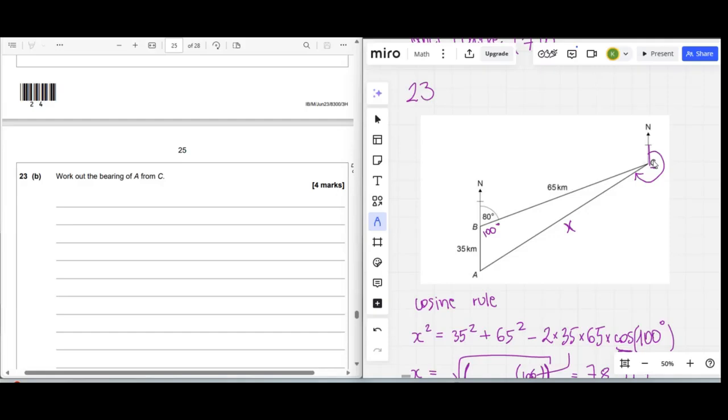Okay, what we know. Maybe we can find this angle.